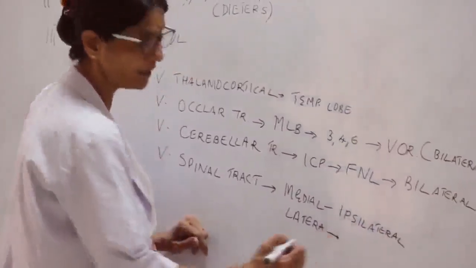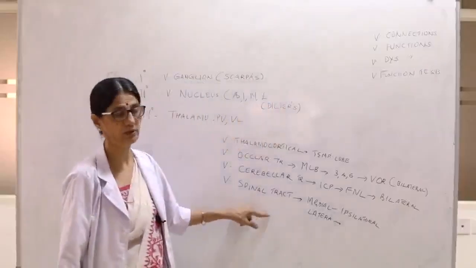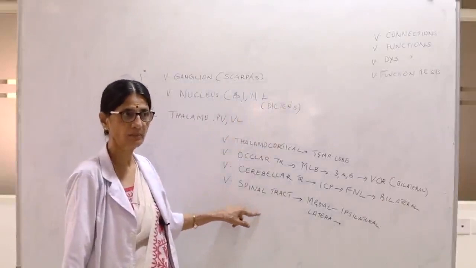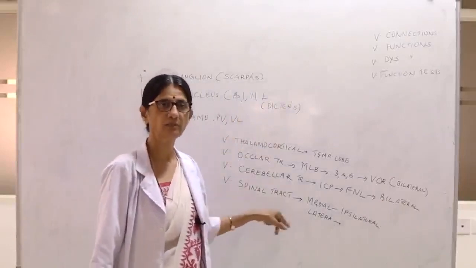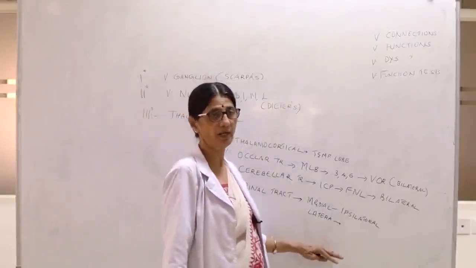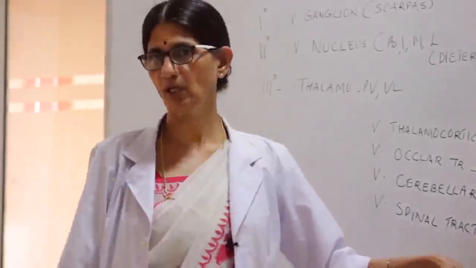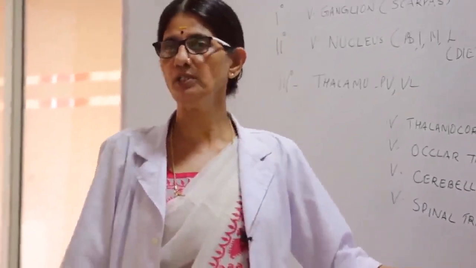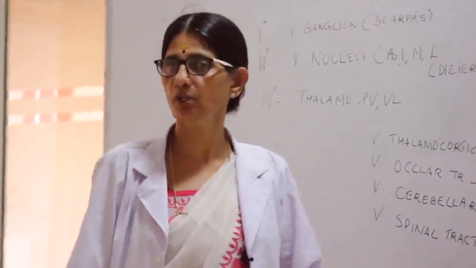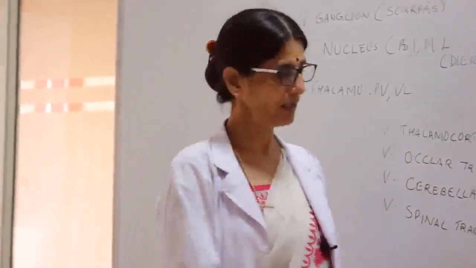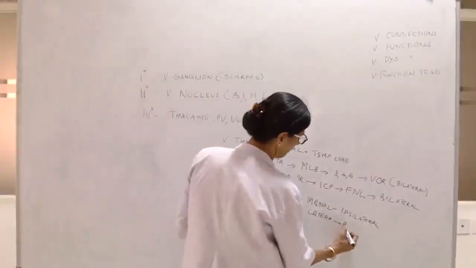Whereas the lateral vestibulospinal tract is long and it falls short at the lumbar level, where it innervates those nuclei which are innervating muscles of the trunk as well as the lower extremities. So those muscles are being controlled and regulated for the maintenance of posture and equilibrium by this lateral vestibulospinal tract, and here it is bilateral.